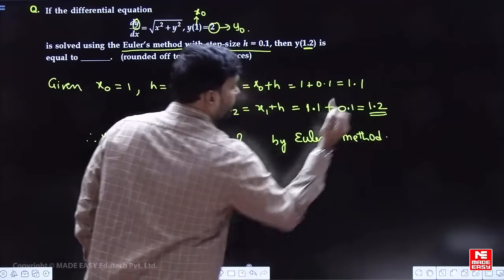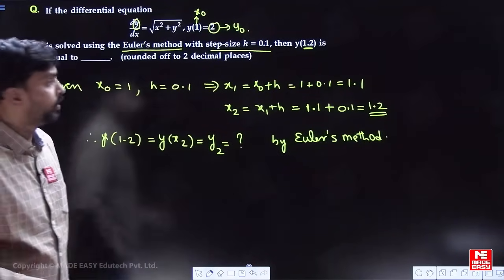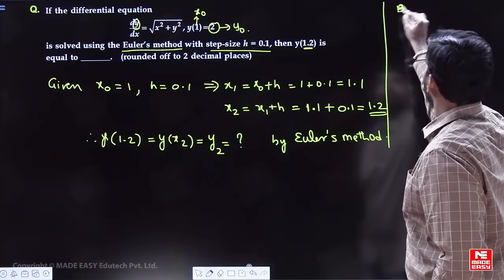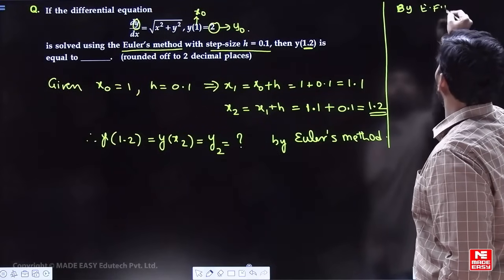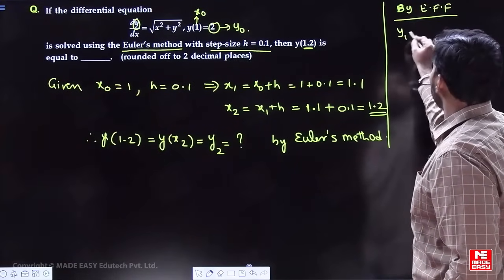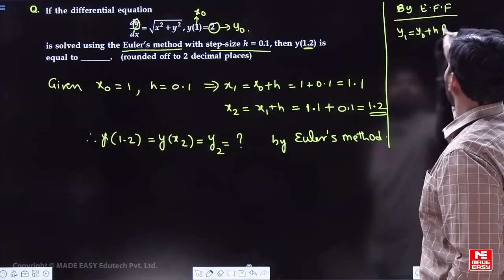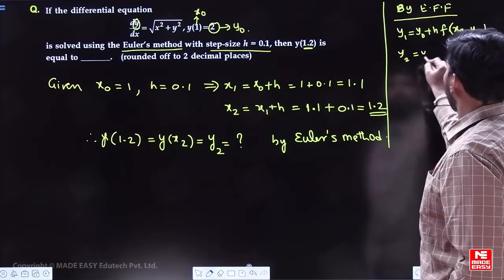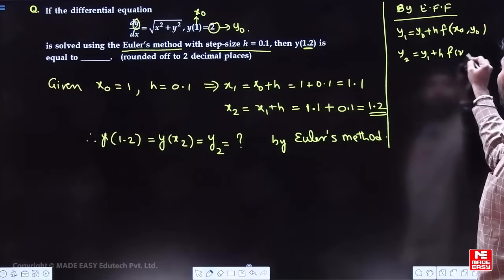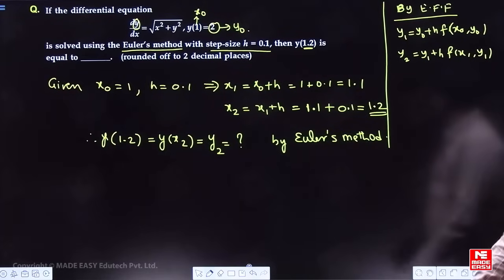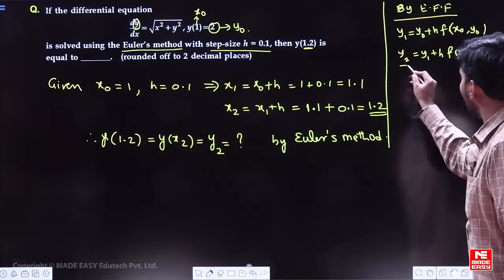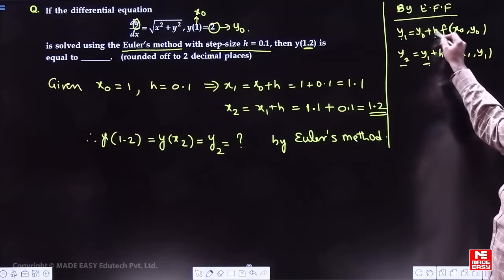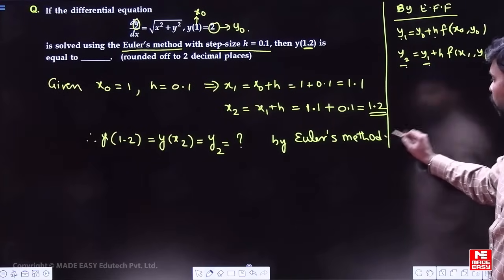What is the Euler forward formula? y1 is given by y0 plus h into f of x0 comma y0, and y2 is given by y1 plus h into f of x1 comma y1. Now if you want y2, I need y1 first. So first we find y1 using y0, and then we find y2 using the Euler method.